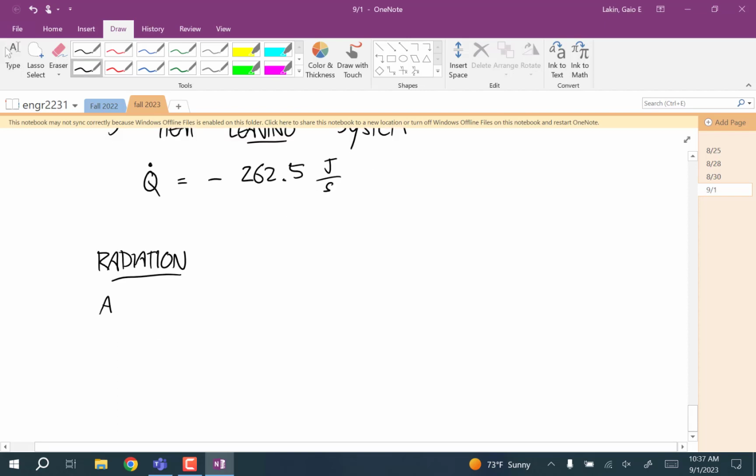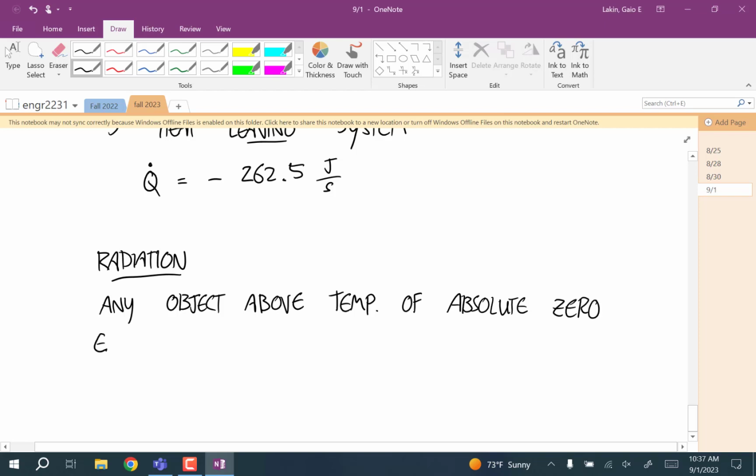So any object above a temperature of absolute 0 emits radiation. And this radiation is electromagnetic waves.